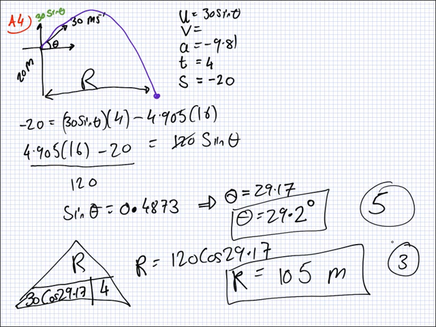The magnitude is 36.1 and the direction? No. Give me the answer for the exam. 56.3. Above horizontal, yeah.